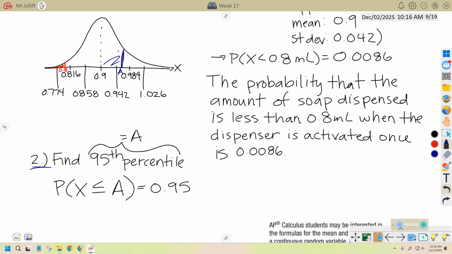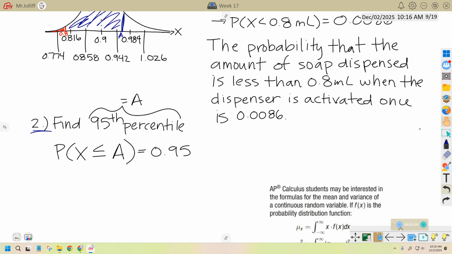And I know that this area in blue is 0.95. I didn't redraw the picture, just marked a different thing on the same picture. So I expect it's going to be 0.9 something. I have to figure out 0.9 something what.